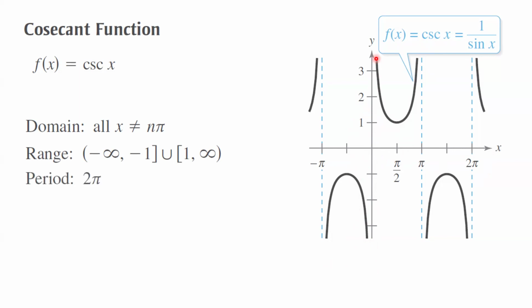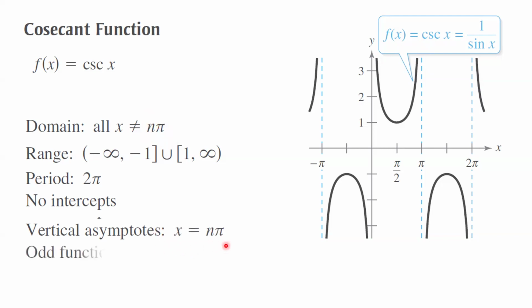The period of cosecant of x is the same as the period of sine, which is 2 pi. As you can see, the graph never hits the x-axis nor the y-axis. The vertical asymptotes are the values you excluded from the domain, the vertical lines x equals n pi. It's an odd function, the same as sine, and it is symmetric with respect to the origin.